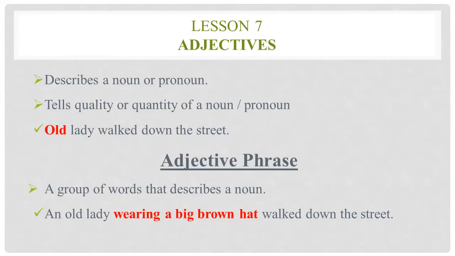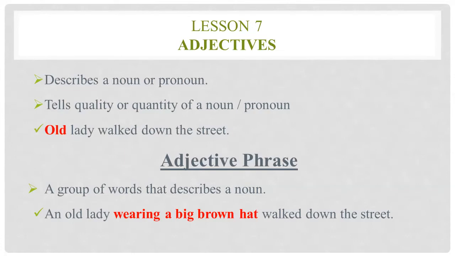An adjective is a word that tells the quality or quantity of a noun or pronoun. Like, an old lady walked down the street. The word old tells us the quality of lady, that she is old, she is not young. This word describes the noun lady, so this is an adjective.